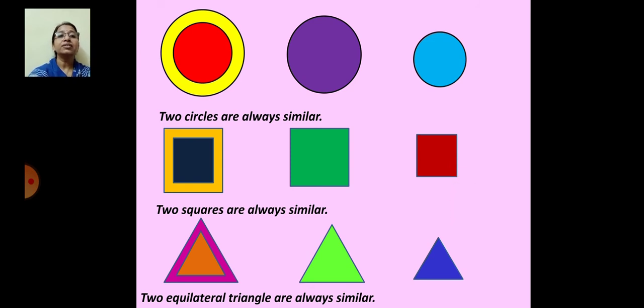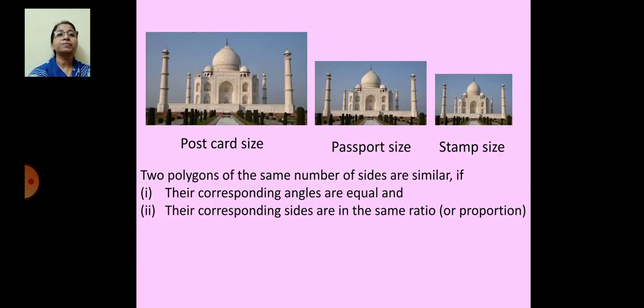Now the third diagram, these are all equilateral triangles. Whatever the lengths of their sides, equilateral triangles are always similar. Remember, this is very important. They may ask this in fill in the blanks, true or false, or MCQ type questions, right? I hope you have understood this. Very simple. Now let us proceed.